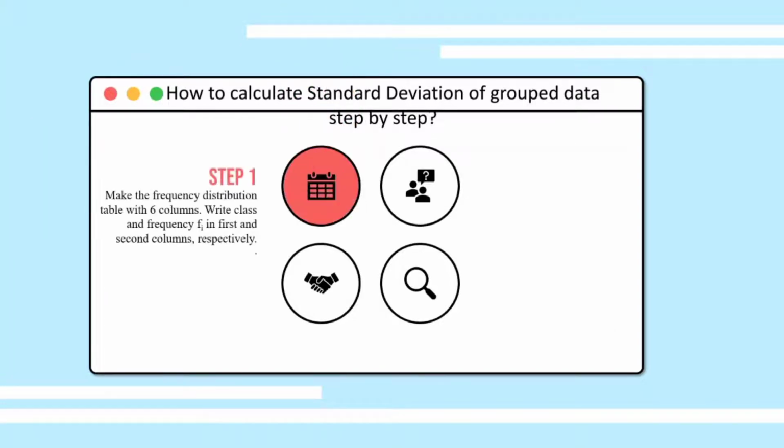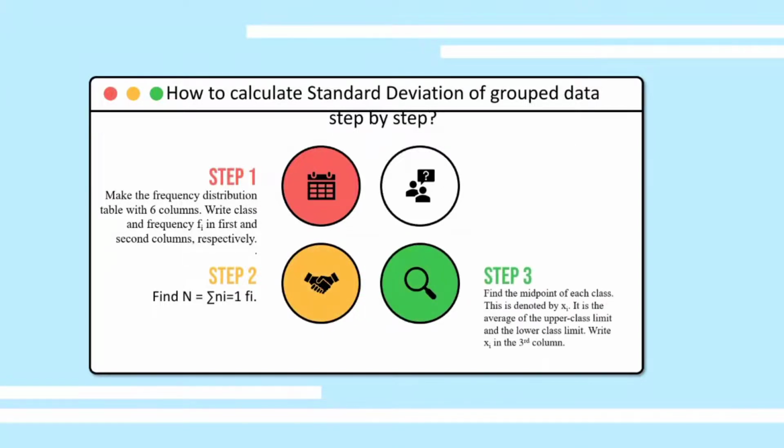Make the frequency distribution table with 6 columns. Write class and frequency, or fi, in the first and second columns respectively. Step 2. Find n equals the sum of fi, from i equals 1 to n. Step 3. Find the midpoint of each class.